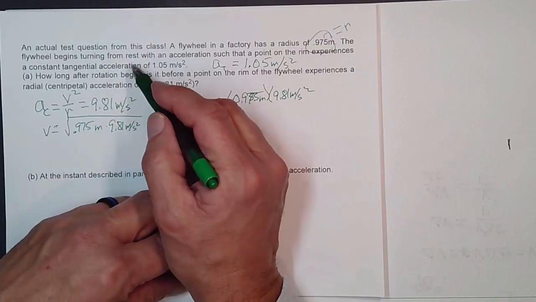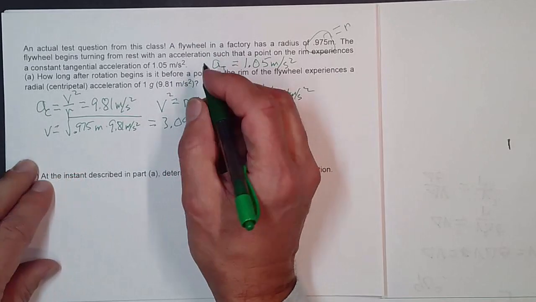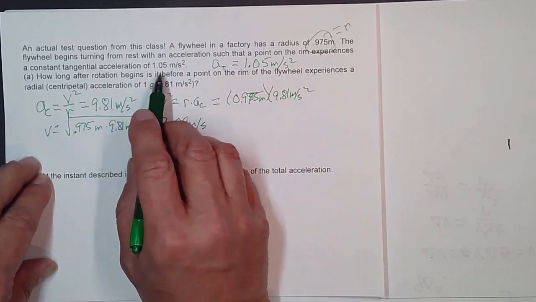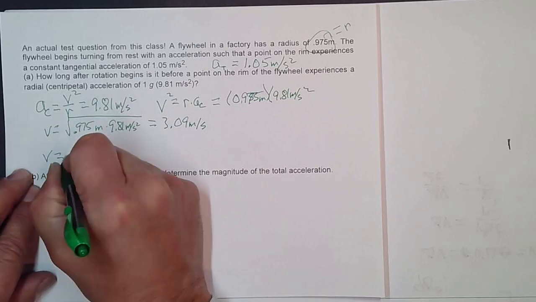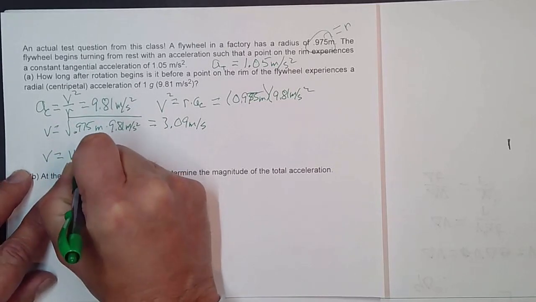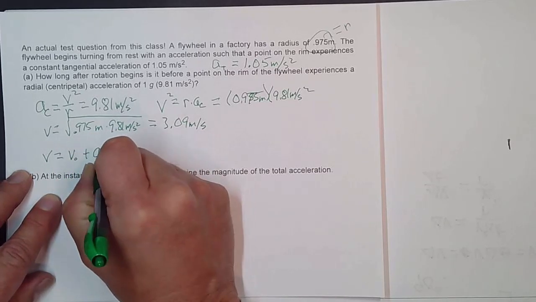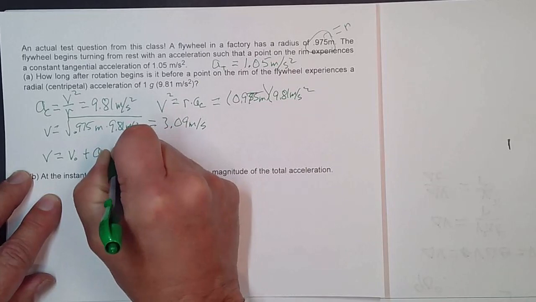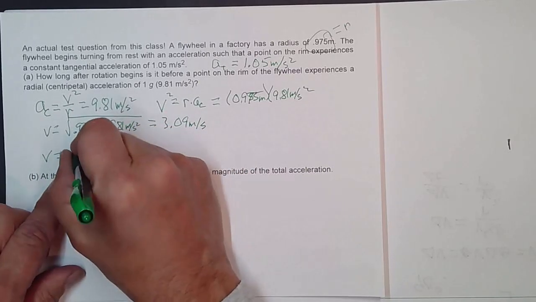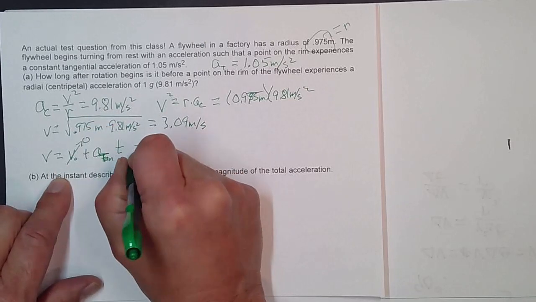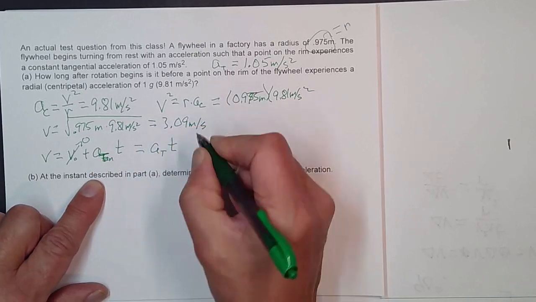Now, here's the thing. This flywheel begins turning from rest, so for the speed of a point on the rim, if it's got constant tangential acceleration, I can say that the speed of a point on the rim will equal v naught plus a tangential, or a sub t, that's what we're using, times t. But v naught is 0 when it starts from rest, so the speed is just going to equal the tangential acceleration times t.